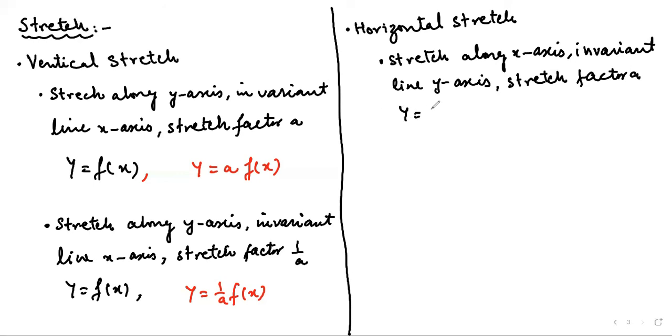If the equation of the curve is y is equal to f of x, then the new, transformed curve has the equation y is equal to f of 1 over ax. We will divide the x coordinates with a.